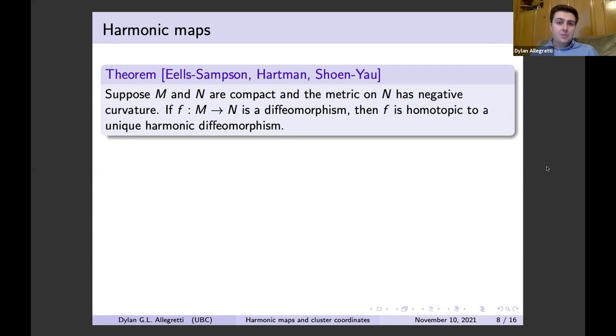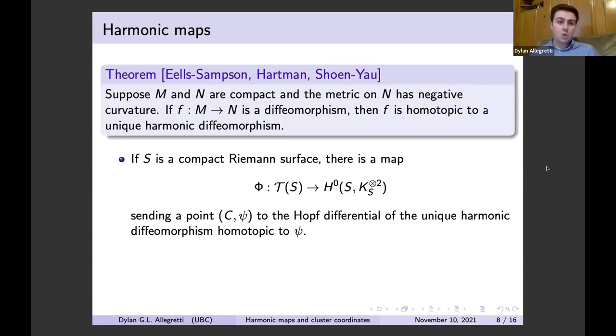And we can apply this result in the following way. So let's suppose now that S is a compact Riemann surface. So I assume it has a complex structure. And then there's a natural map going from the Teichmüller space to this vector space of holomorphic quadratic differentials. And what it does is the following.